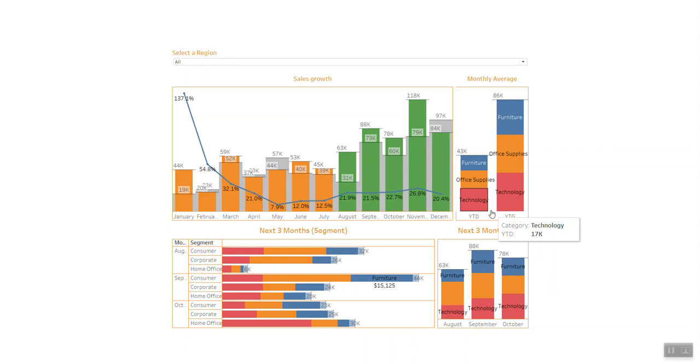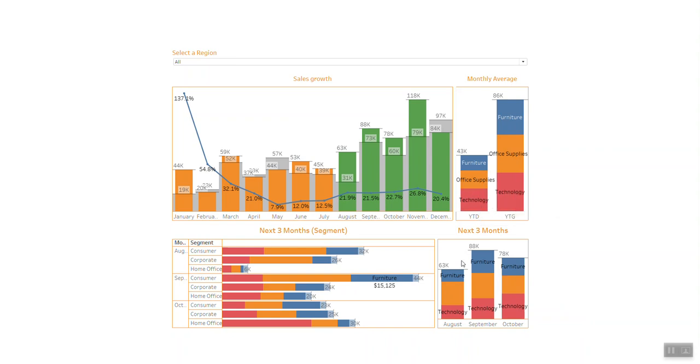I will look into the detail of the next 3 months, the midterm. We see August, September and October here. If you compare with the average, furniture in August is 15k and the average is 12k.